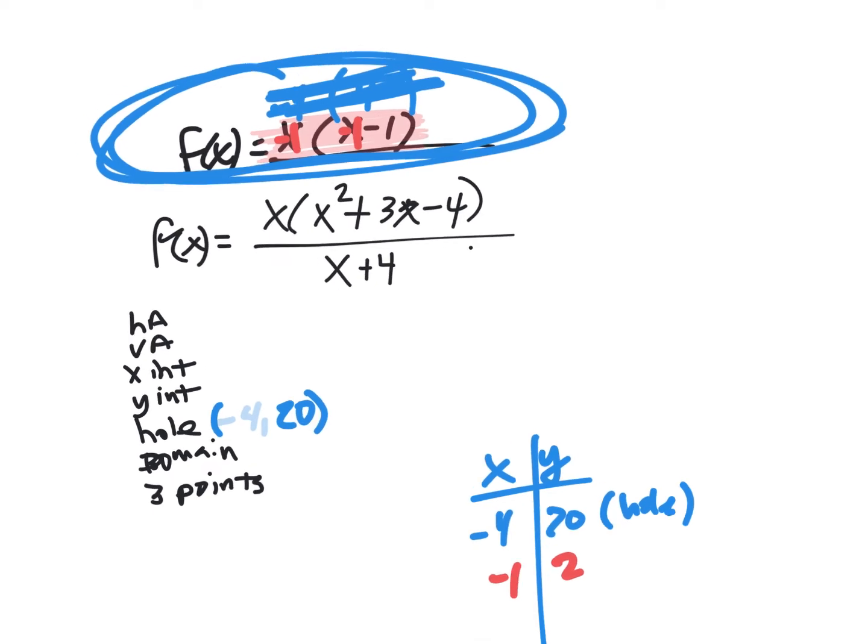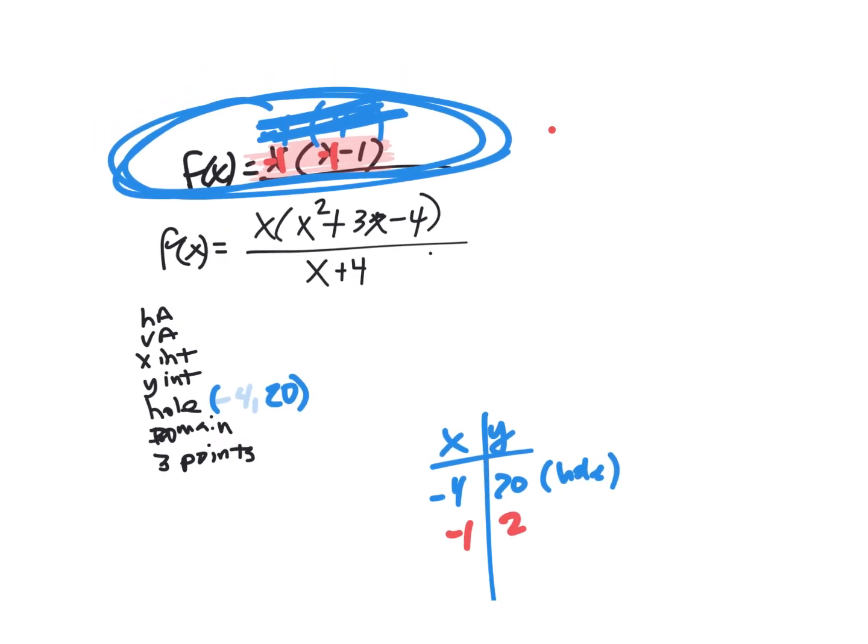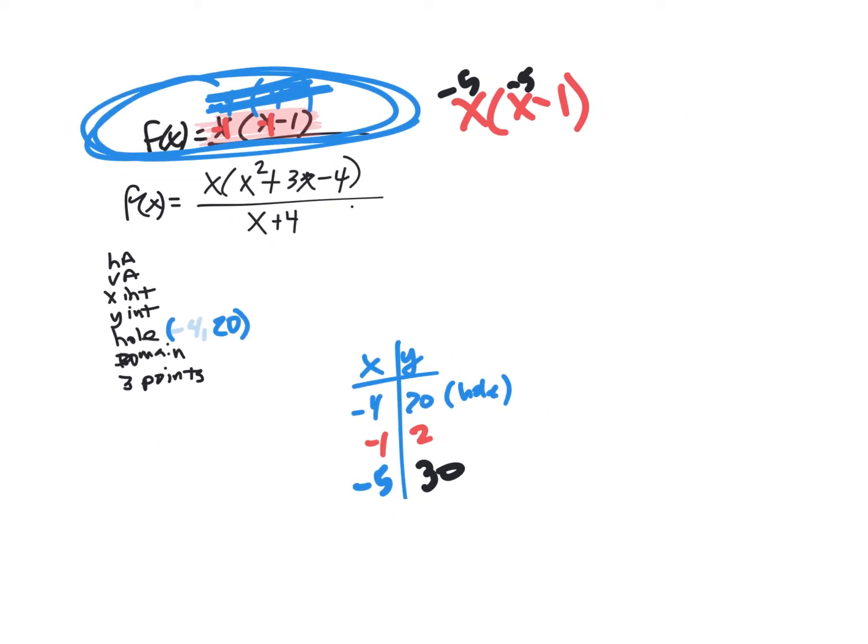Taddy, give me a point. Yeah, sure. -5, and then what goes into that? Or sorry, what do you get when you put that in? Good. Okay. Do you have another point? Did you make up 3 points or not? Yeah. Okay.